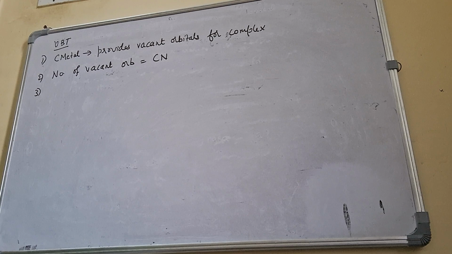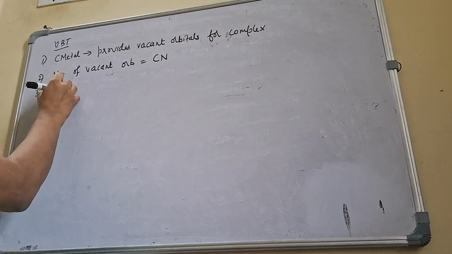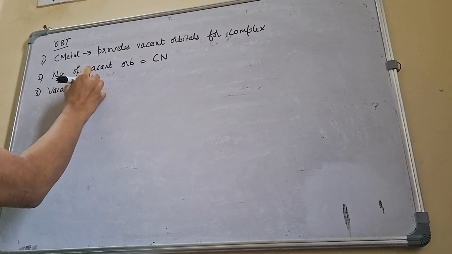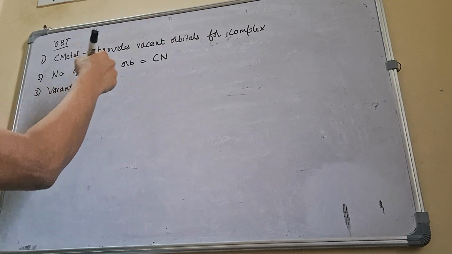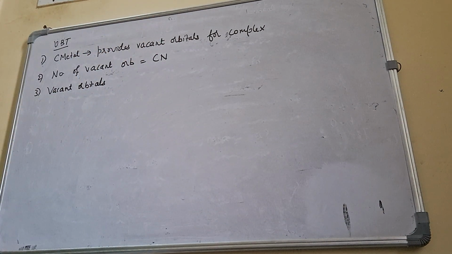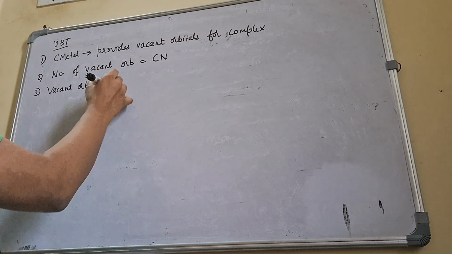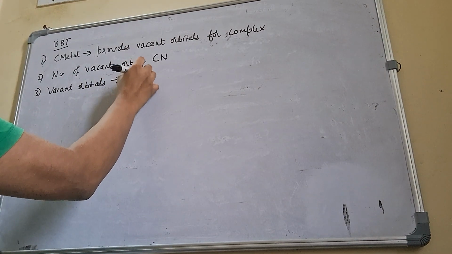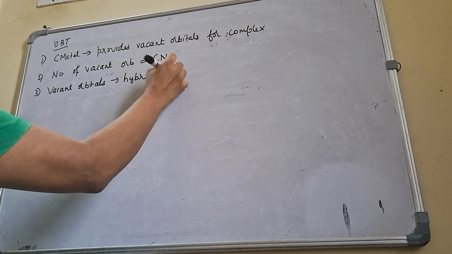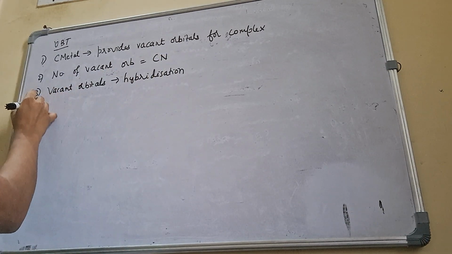Now the third: the vacant orbitals provided by the metal for the electrons of the ligands to occupy undergo hybridization, and this results in the formation of equal energy orbitals.